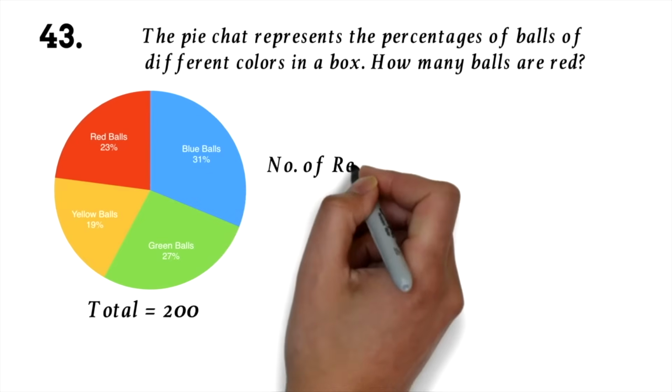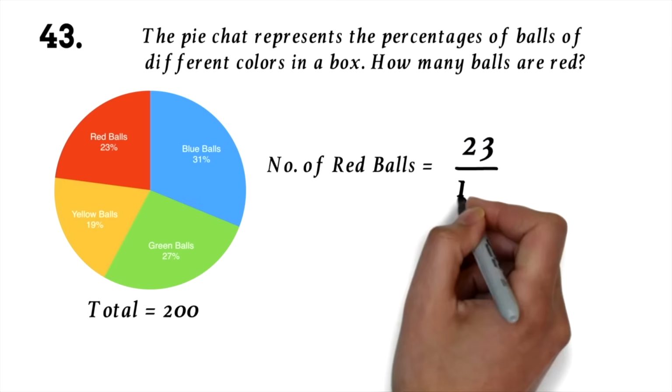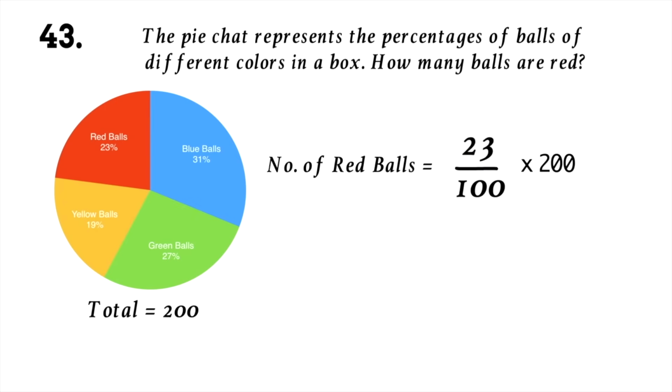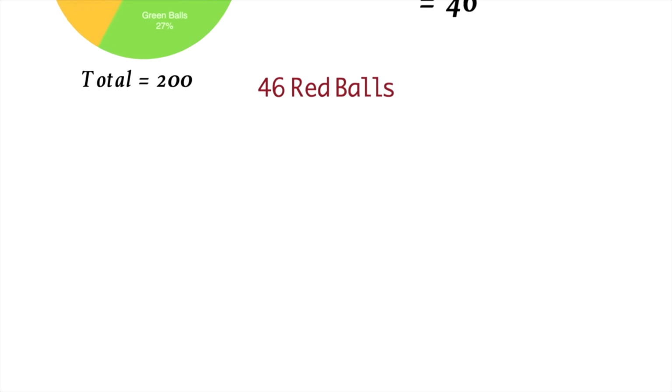To find the value of red balls, you will have 23 over 100 times 200, which is the total number of balls. 200 divided by 100 is 2. 2 times 23 is 46. So there are 46 red balls. The work here is being able to convert the percentages to the number of balls. Once you can do that, you should be able to solve all twists.